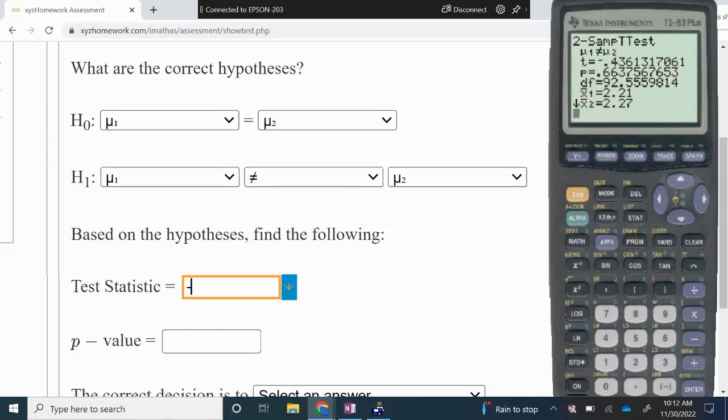We have the test statistic as negative 0.4361. The p-value is 0.6638.